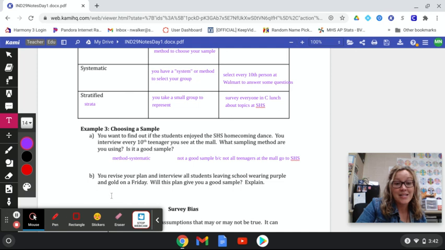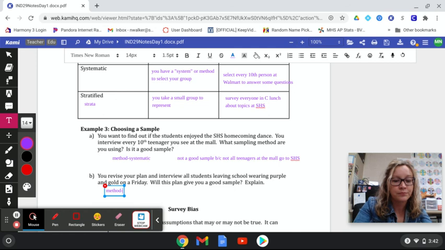This method is not random. There's a rhyme or a reason. It's not necessarily systematic because you're not asking a certain number of people. You're just asking everybody. People wearing purple and gold, that's a group of people. This one's stratified.